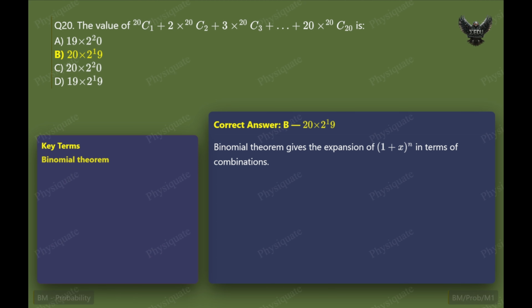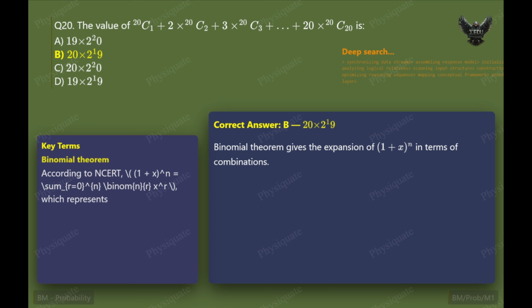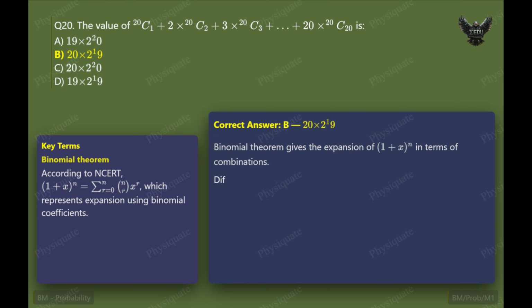Now let us consider binomial theorem. According to NCERT, (1+x)^n equals the sum from r equals 0 to n of C(n,r) x^r, which represents expansion using binomial.